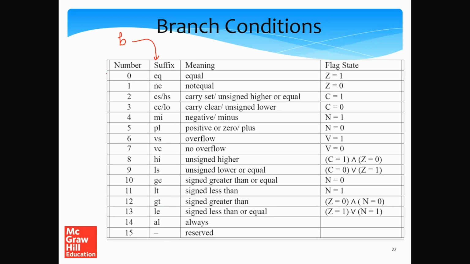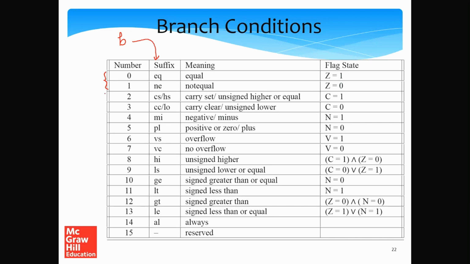Let's take a look at the first two, which we have already seen, BEQ and BNE. The first, equality, is when the Z flag has been set to 1 by the last instruction that sets the flags, which we call the flag setting instruction. Similarly, the NE flag, not equal to, is just the opposite of this.